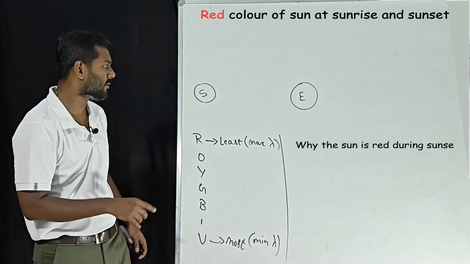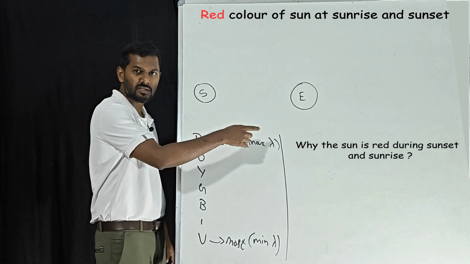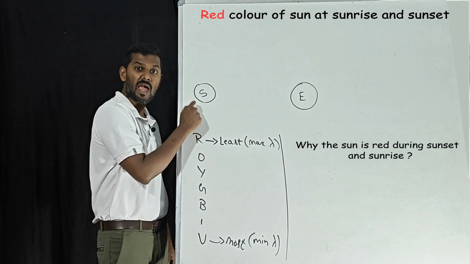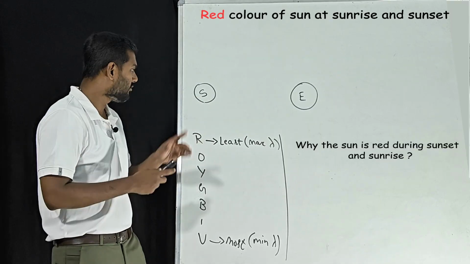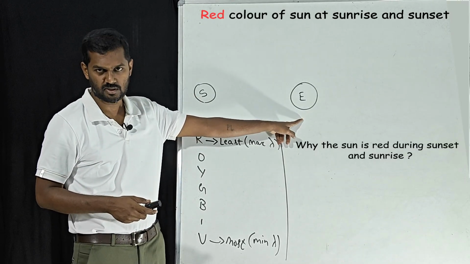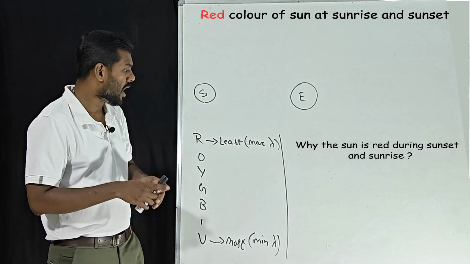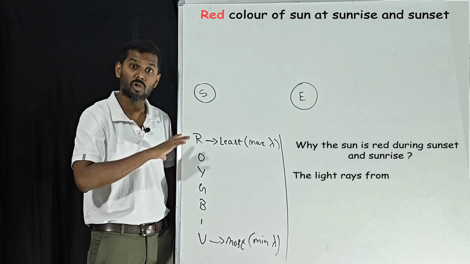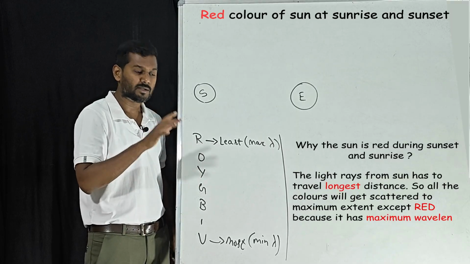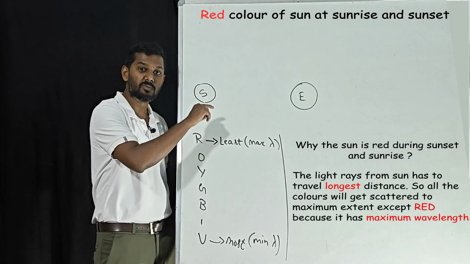Keep this in mind. Now, as the distance is longest, the light rays from the sun have to travel a longer distance from the sun to the earth's atmosphere. During this travel, as the distance is longest, all the colors will get scattered, but only red is visible. Why?